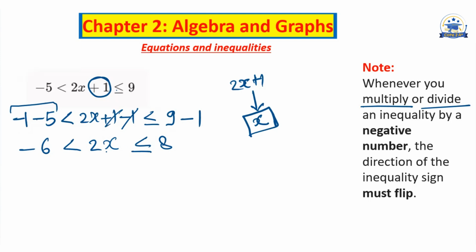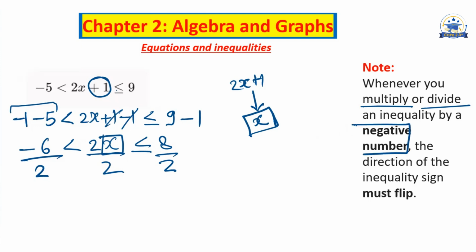Now, except x, what extra part do we have? Is there any extra term or something like that? Yes. Here we have a coefficient 2. So how will we remove this 2? By dividing, right? By dividing by 2 and 2. So now let me know, will the inequality sign be changed or not? No. Why?